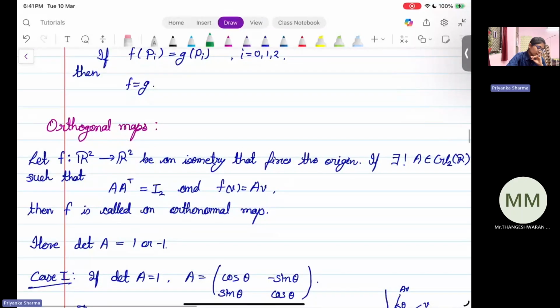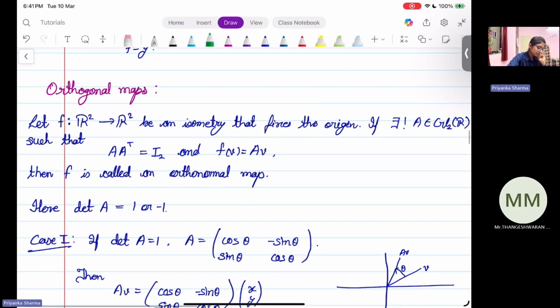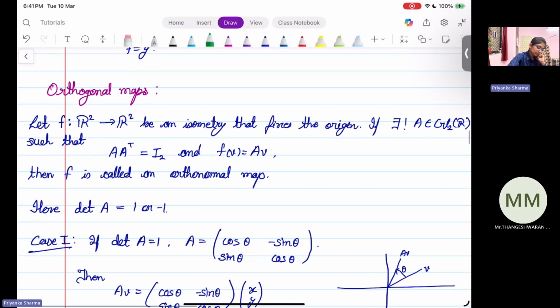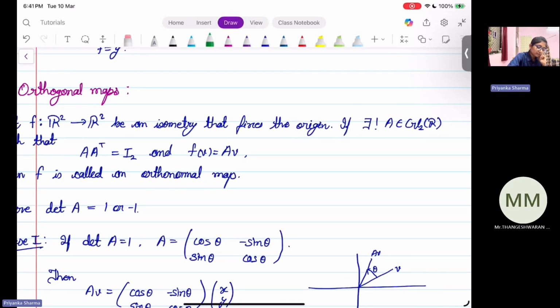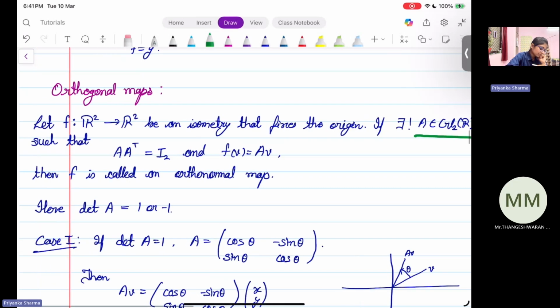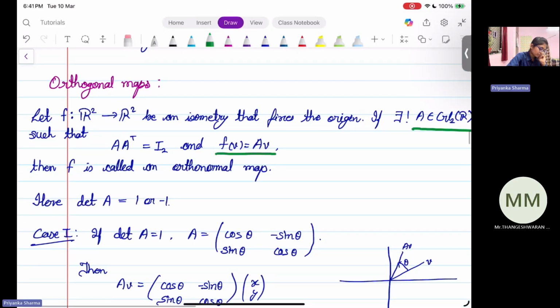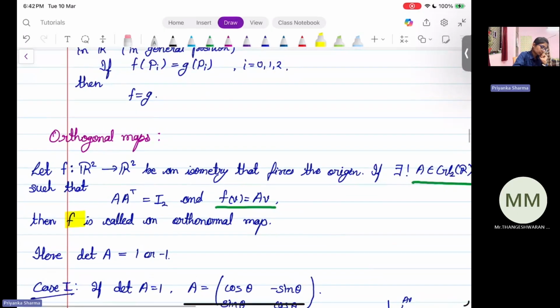Now, what are orthogonal maps? Let F be an isometry from R square to R square that fixes the origin. Then obviously, we discussed that we will uniquely have some A in GL2(R) such that AA transpose is I2 and F of v can be written as Av. Then we say that the map F is an orthonormal map.